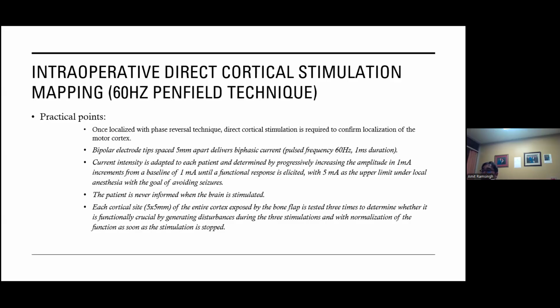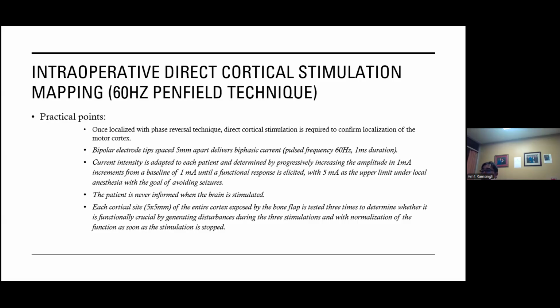The current is adapted to each patient and it is determined by progressively increasing the amplitude in 1 milliamp increments from a baseline of 1 milliamp until a functional response is elicited, with 5 milliamps as the upper limit under local anesthesia, with the goal of avoiding seizures.